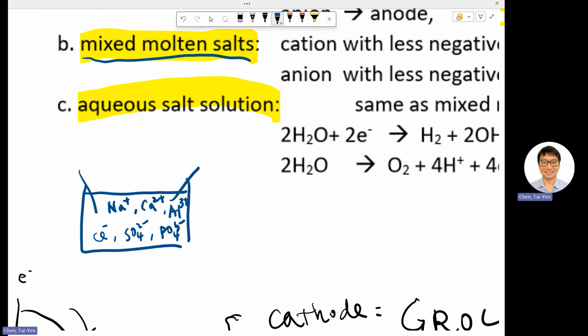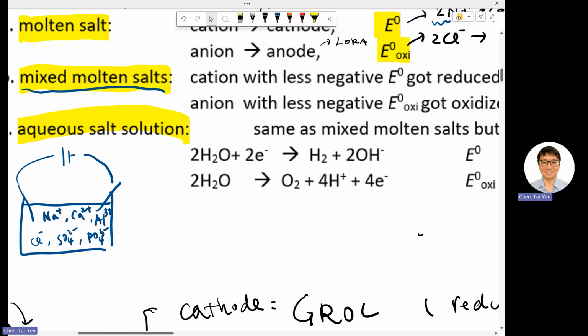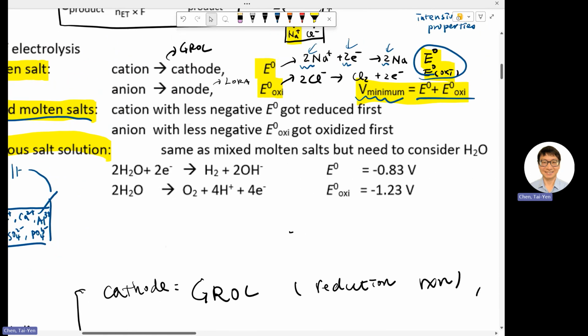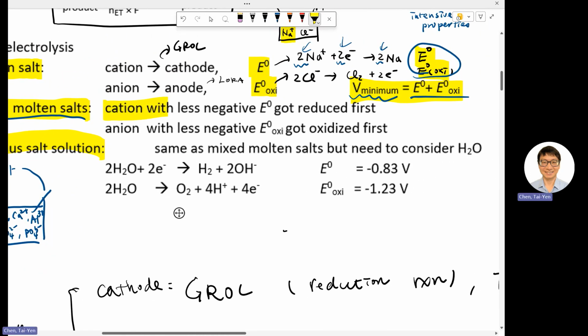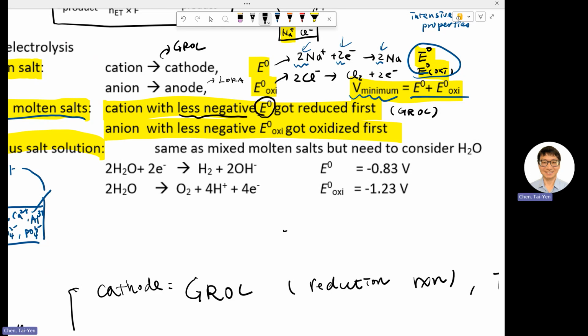actually the one that will be electrolyzed first in your electrolysis cell. So if that is the case, the way to make the judgment is this sentence, which summarizes the way you do it. Look at your GROC, your cathode: the cation with less negative reduction potential will get reduced first.